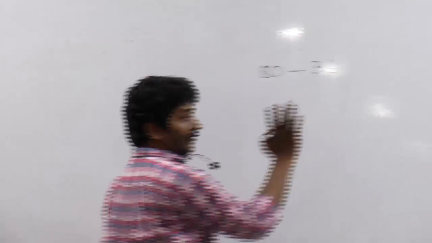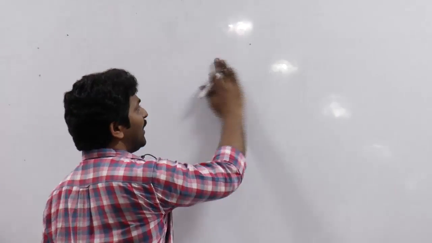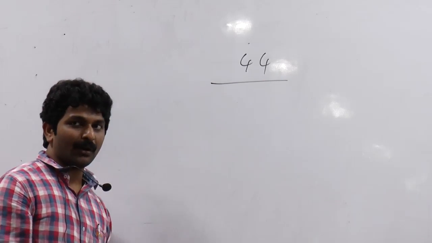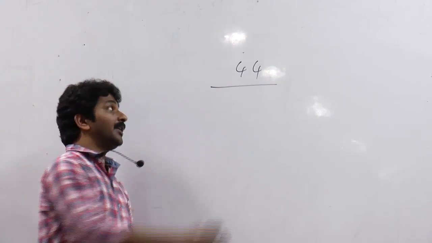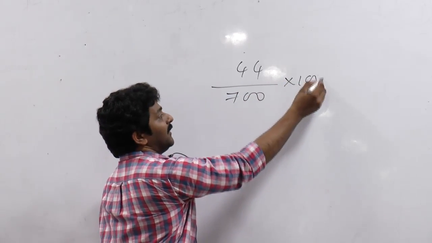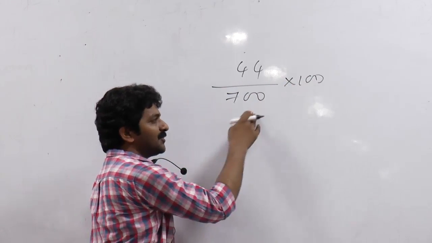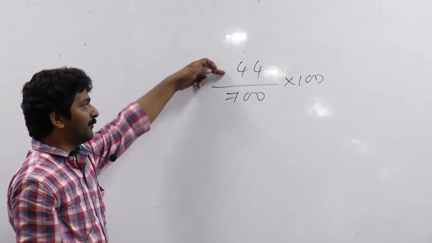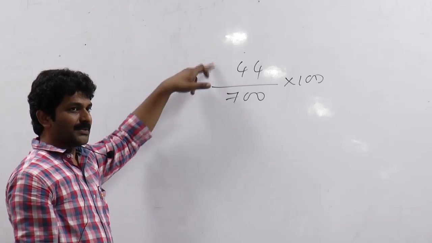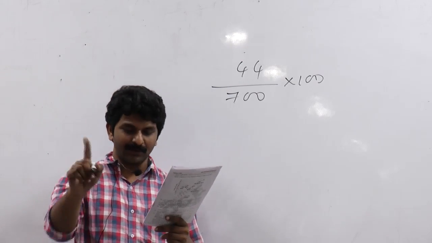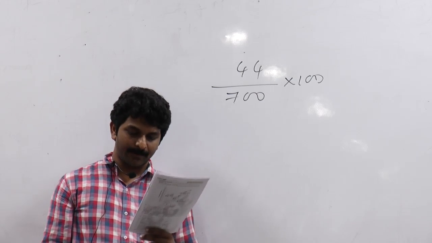How much is this? 44. And you can now say 44 female employees are working in the Rajbhasha department. You need to calculate this as a percentage with respect to 700. Two zeros cancel. Anyway, the numerator is a 2-digit number. You can write it as 44 by 7. How many times? 6 point something. You have only one option. Fifth option.